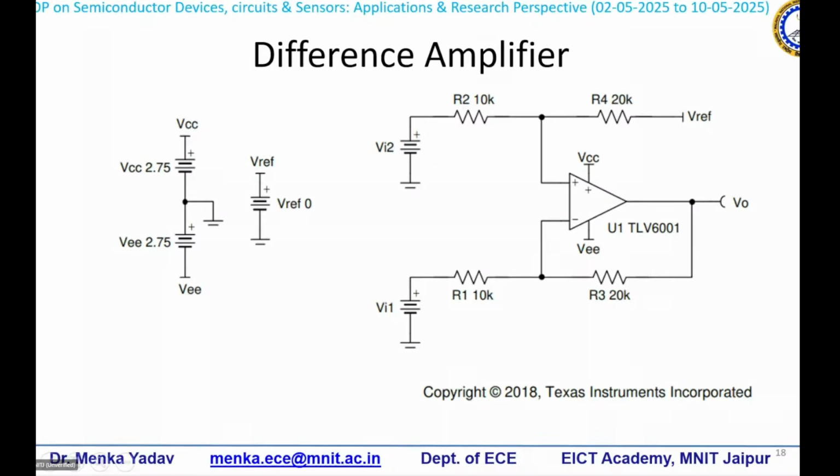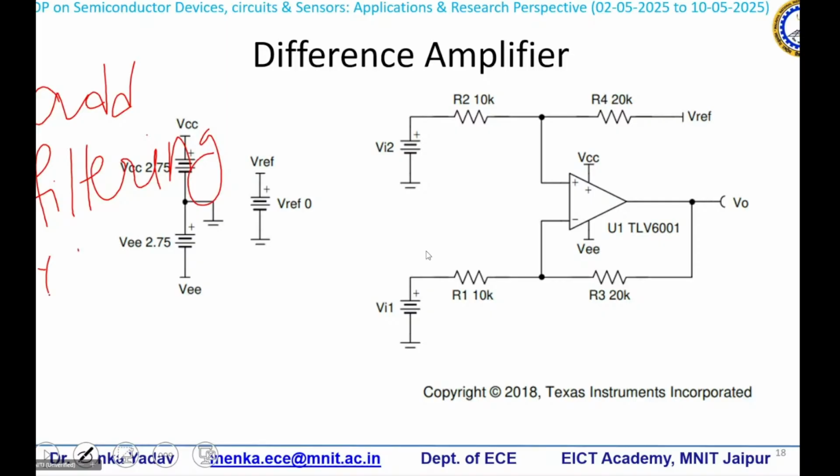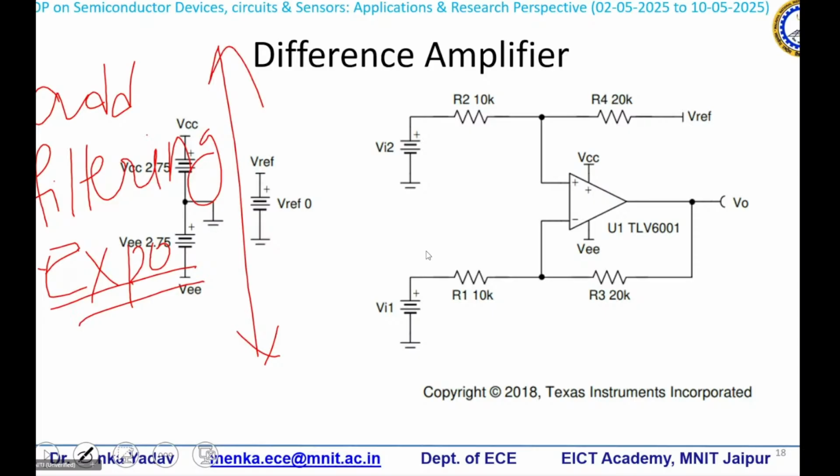Okay, so what's the difference amplifier? Till now we have gone through the different types of operations which the op-amp can perform, for example the arithmetical operations like addition, filtering, exponentials and logarithmics, and different configurations like the differential amplifier and integrator.